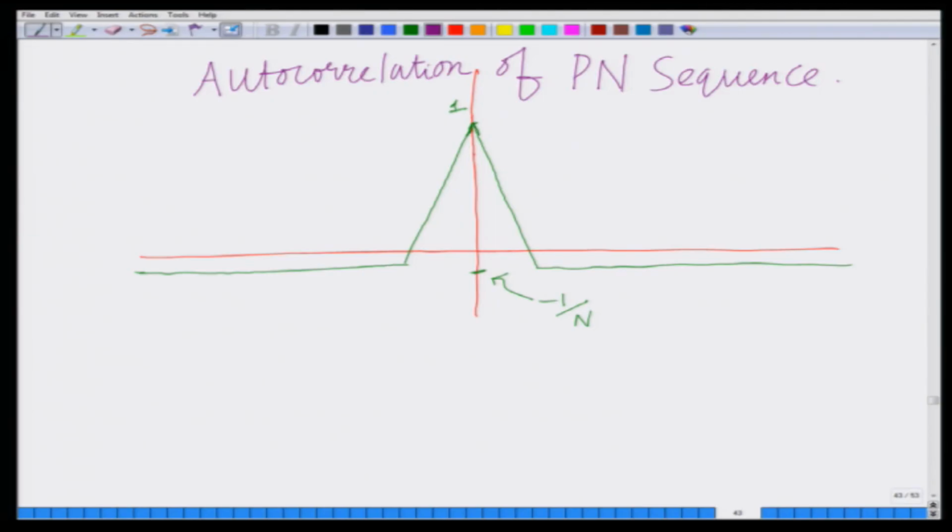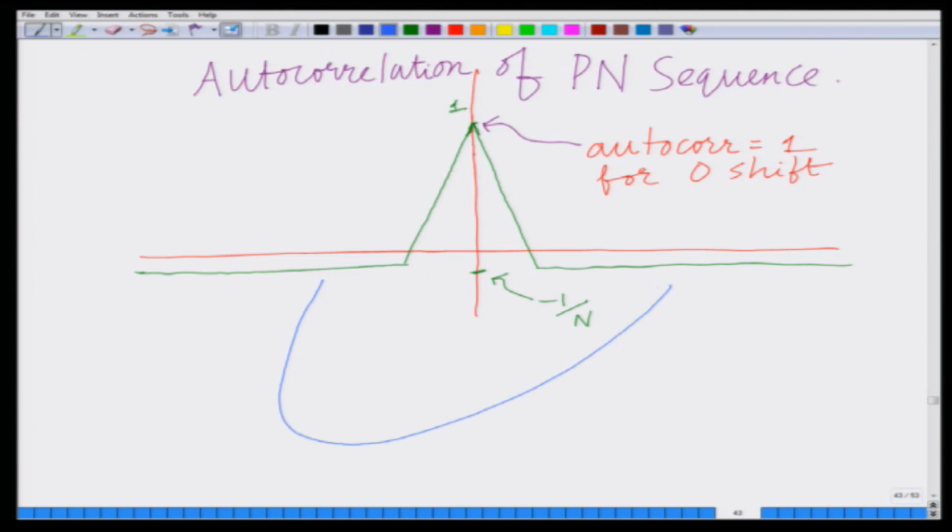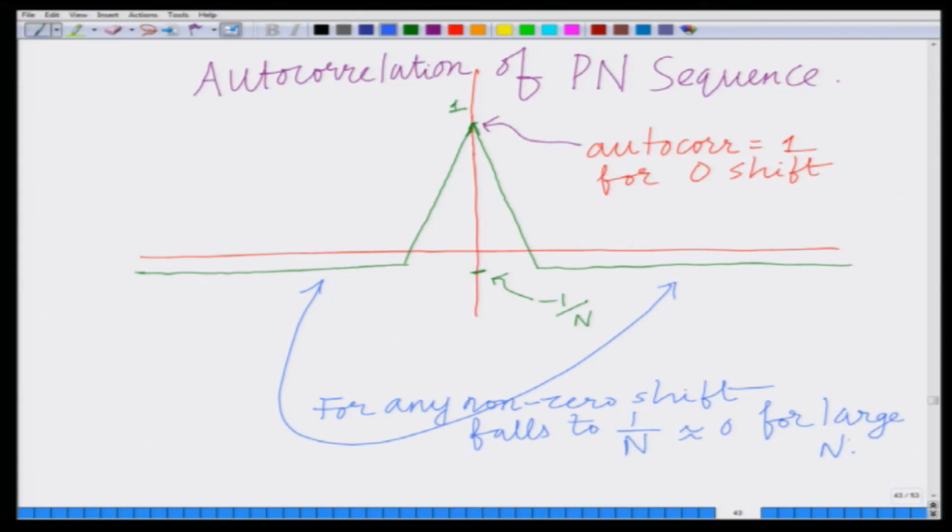So, this autocorrelation is equal to 1 for a 0 shift, and for any non-zero shift, for any shift other than 0, it falls to 1 by n, which is approximately equal to 0 for a large n.